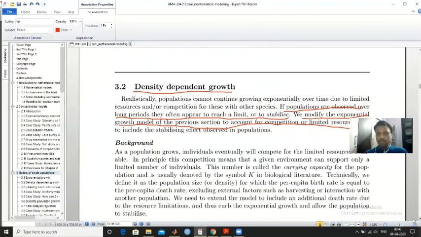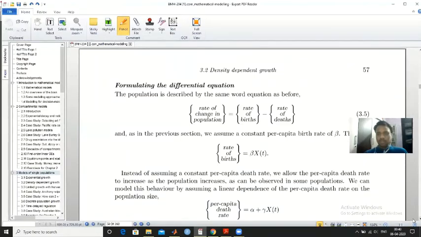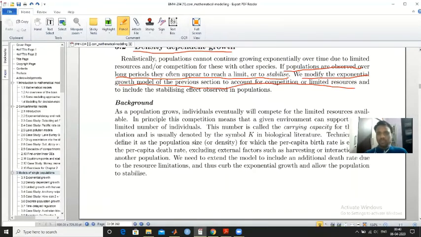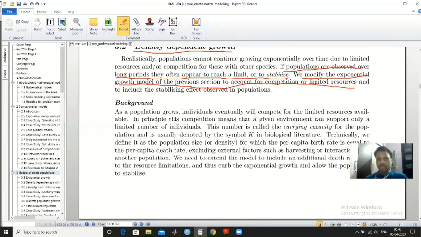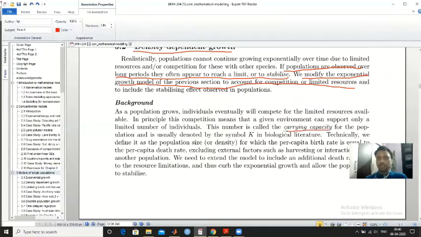Because a geographical region or any medium or any environment always has its carrying capacity. What is the carrying capacity? This number is called the carrying capacity. In principle, a given environment can support only a limited number of individuals.